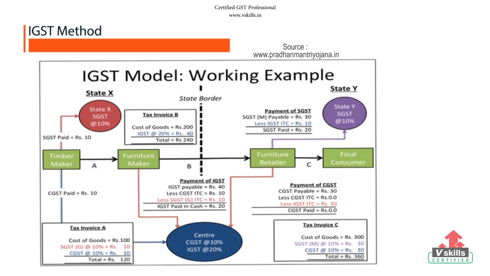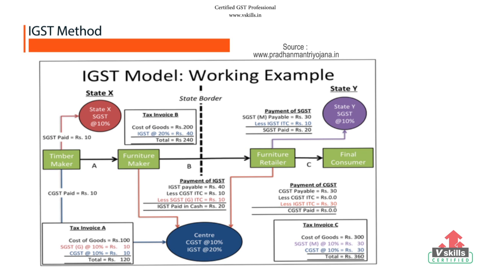The interstate seller would pay IGST on the sale of his goods to the central government after adjusting credit of IGST, CGST and SGST on his purchases in that order. The exporting state will transfer to the center the credit of SGST used in payment of IGST.